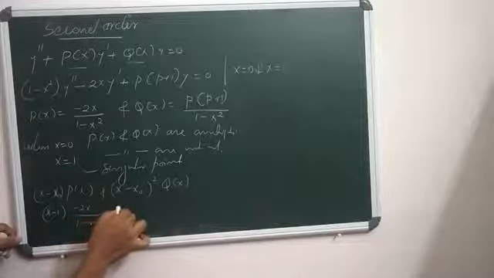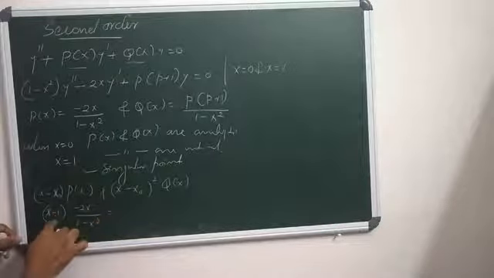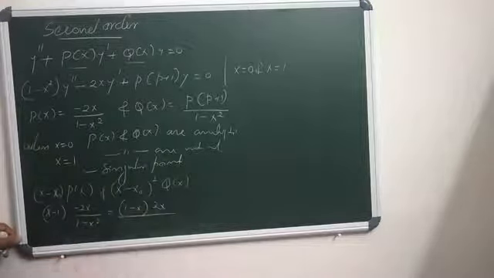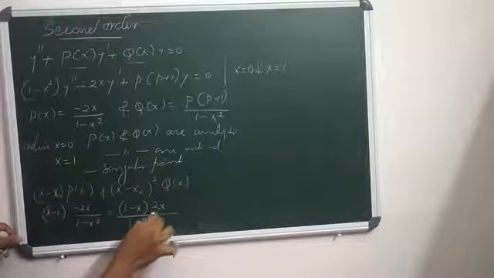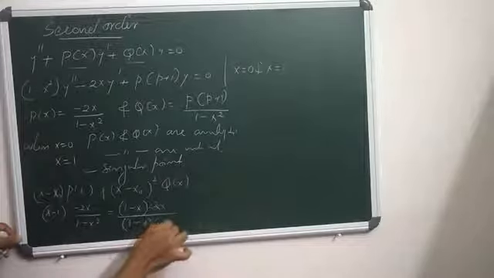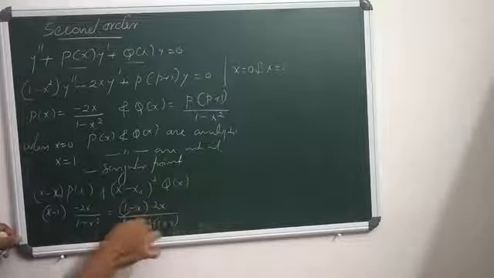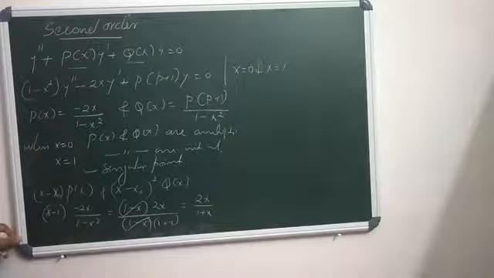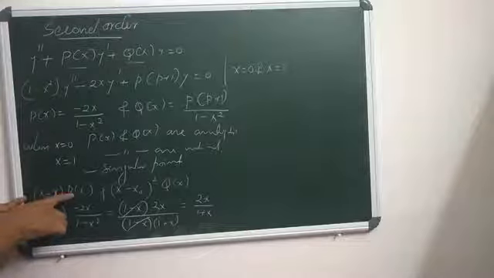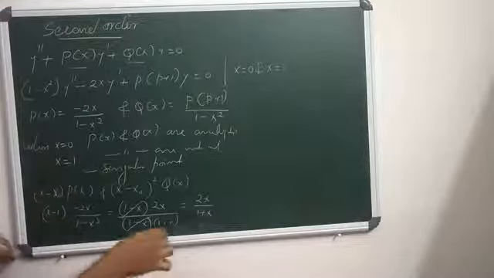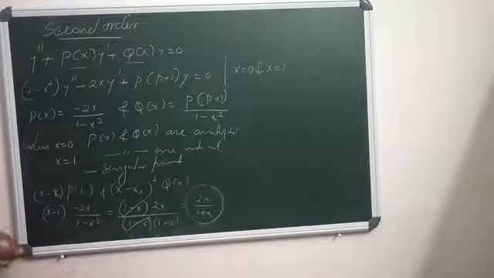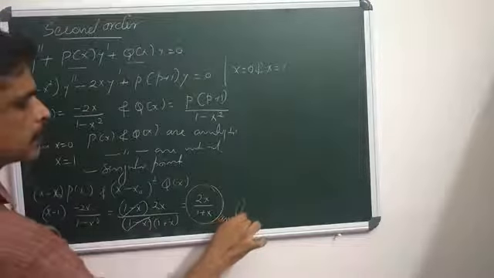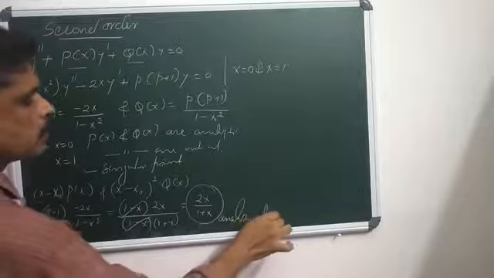That equals, yes, x minus 1 means minus of 1 minus x. So it is 1 minus x into 2x divided by 1 minus x square, which can be rewritten as 1 minus x into 1 plus x. So it equals 2x by 1 plus x. So x minus x0 into p of x, or x minus 1 into p of x, is 2x by 1 plus x, which is clearly analytic at x equals 1.